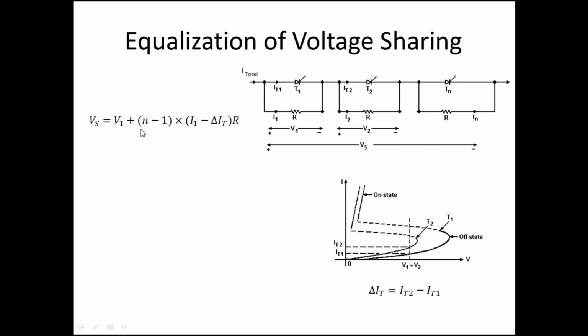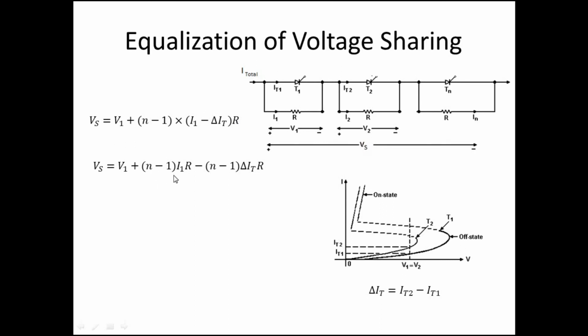So again we can multiply this. We can write n minus 1 into I1 into R minus n minus 1 into delta IT into R. We multiply n minus 1 into R by I1 and n minus 1 into R by delta IT. So we get like this.